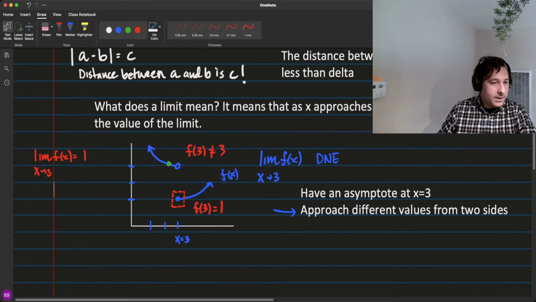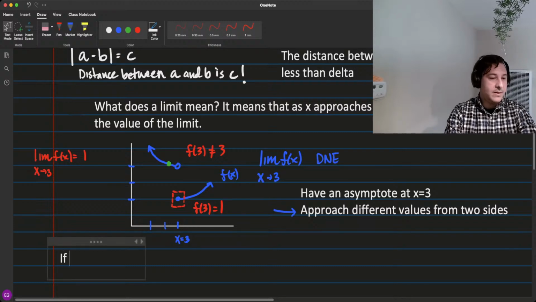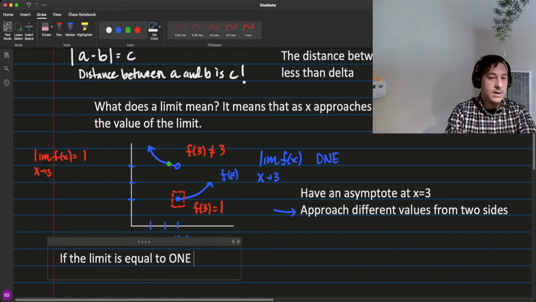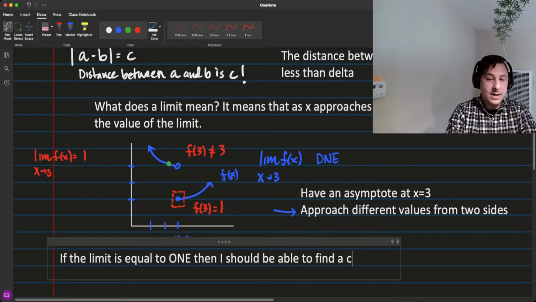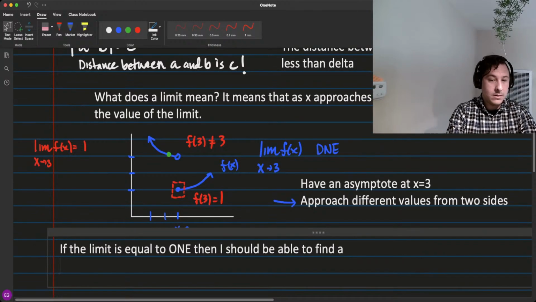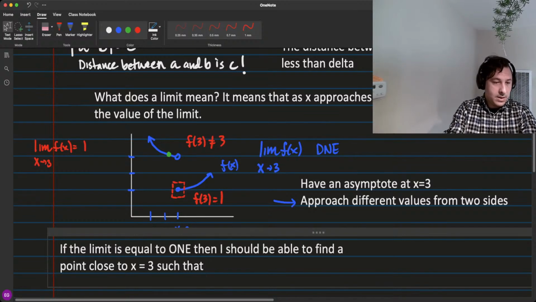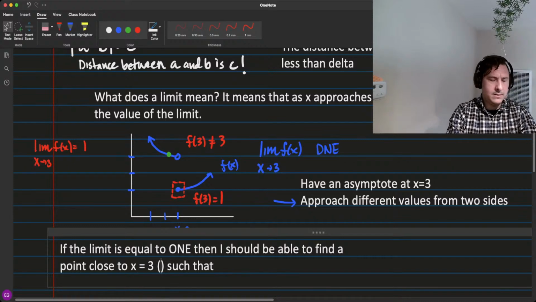If the limit is equal to 1, then I should be able to find a point close to x equals 3 such that, let's call that point b.